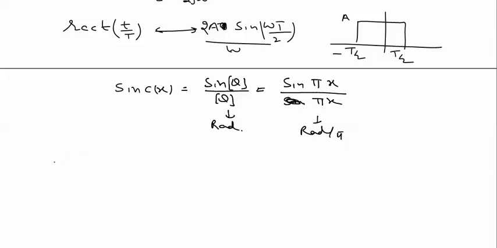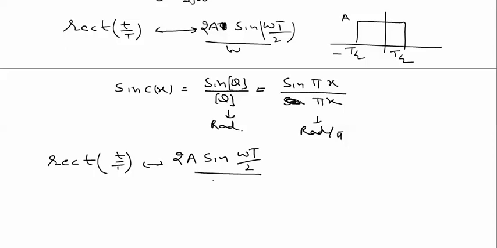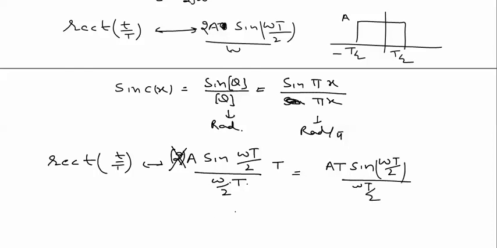So we want to make the rectangular transform in terms of the sinc function: 2A sine omega T by 2 upon omega. We need this 2 here, we need an extra T. Now this term is completely revised: A T sine omega T by 2 upon omega T by 2.